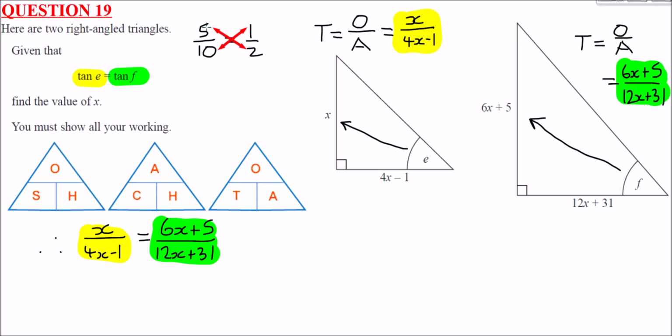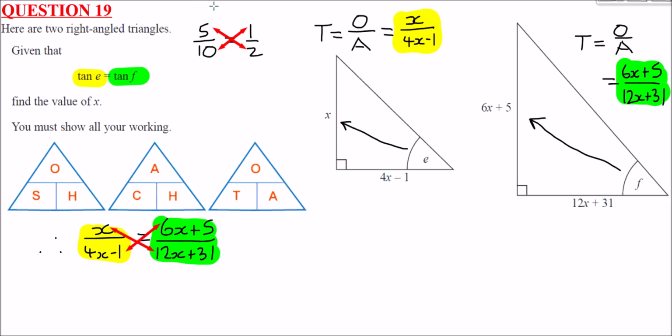Each corner multiplied by the opposite corner equals the product of the other two corners. So we can say x multiplied by 12x plus 31 will be the same as 4x minus 1 multiplied by 6x plus 5.